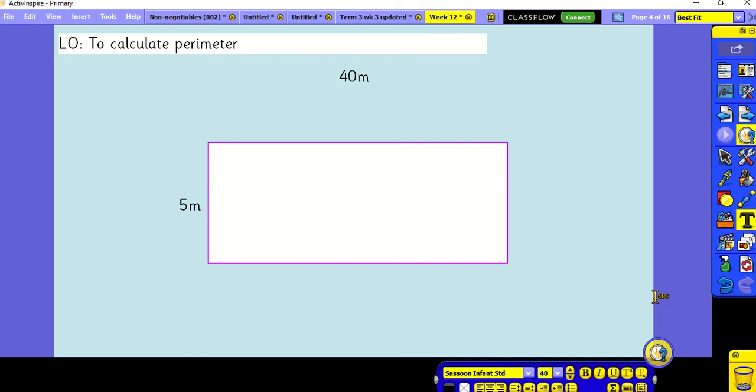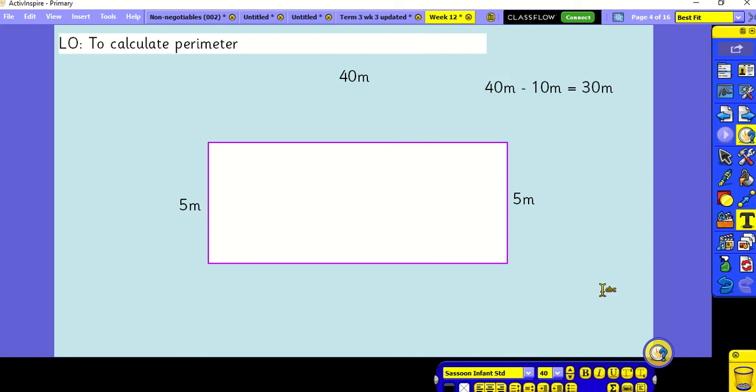Okay, welcome back. Hopefully you've had a chance to work that out. We know if this one is 5, this one must be 5. Okay, they have to be the same. So now we have, out of our 40 meters, we've already got 10 meters. So I can take those 10 meters off the total perimeter. So 40 meters take away 10 meters equals 30 meters.